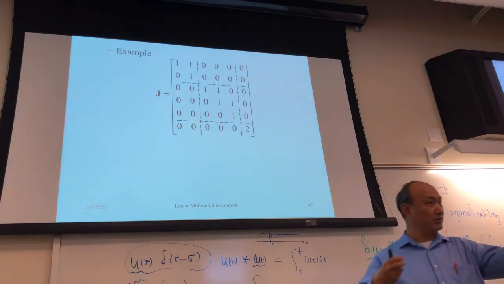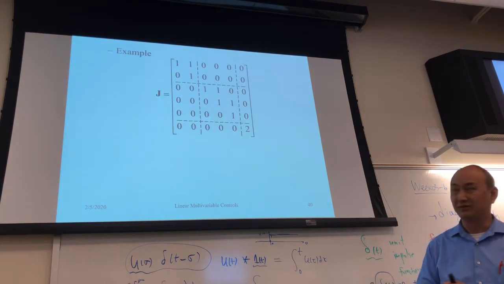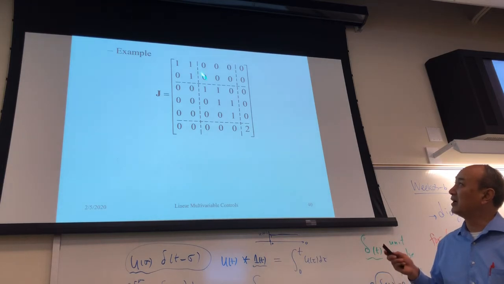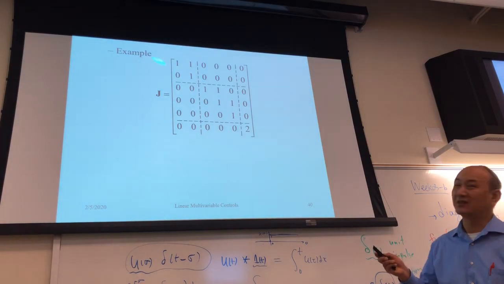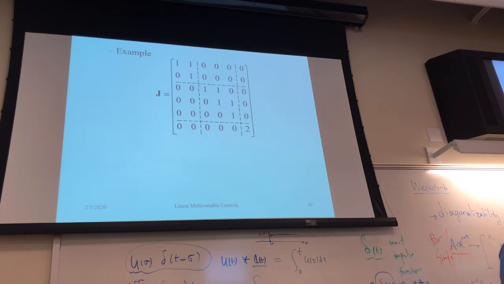So you have 2 Jordan blocks, meaning 2 independent eigenvectors. But if this entry is 1, then I only have 1 Jordan block. So it's different, right? In this case, I have two distinct eigenvalues.